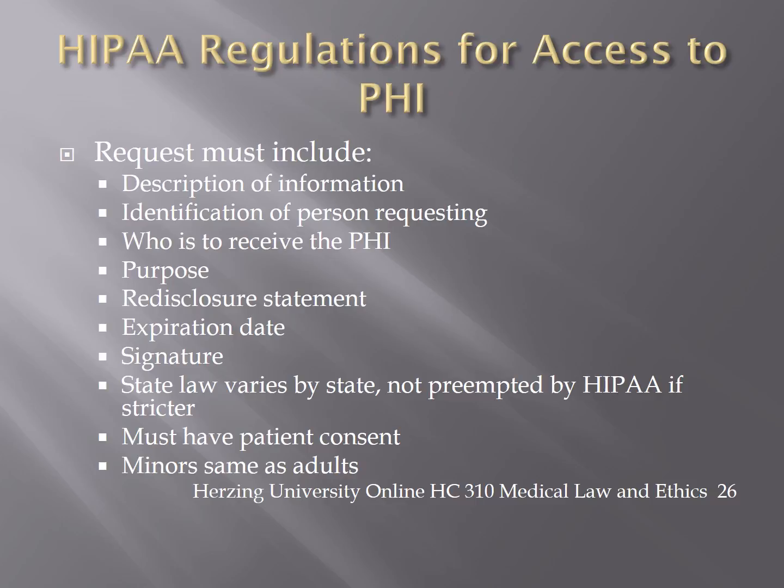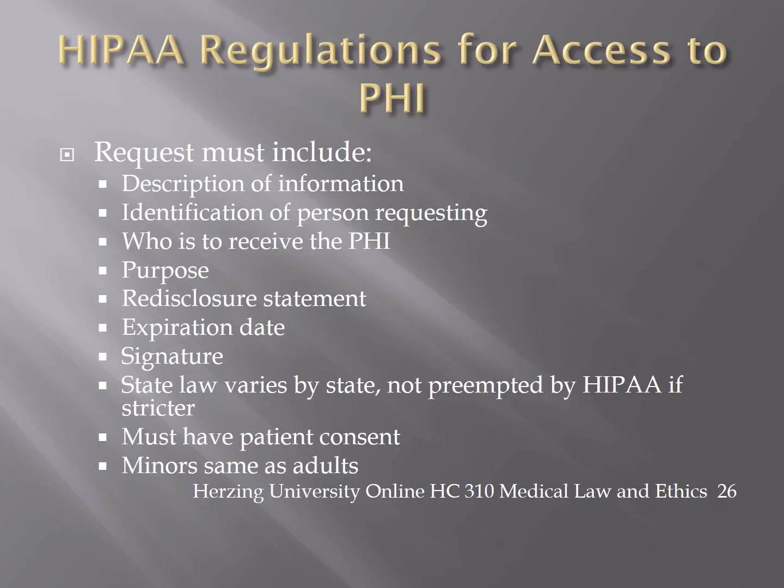HIPAA regulations for access to PHI. The request to view the PHI by the patient must include the following information: description of the information requested, identification of the person requesting the information, who will be receiving the PHI, what is the purpose of this request, a redisclosure statement, an expiration date of the request, and a signature.